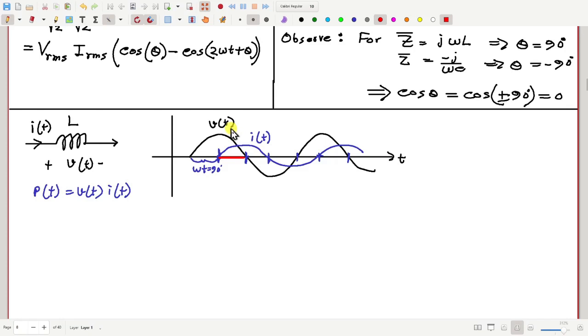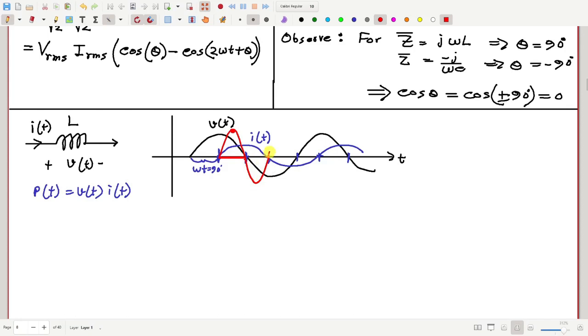It will be maximum in the middle part and then 0 on both sides. So this will be the graph of power here. Then in the next portion, current is positive, voltage is negative, so again the power will be negative and it will look like this.